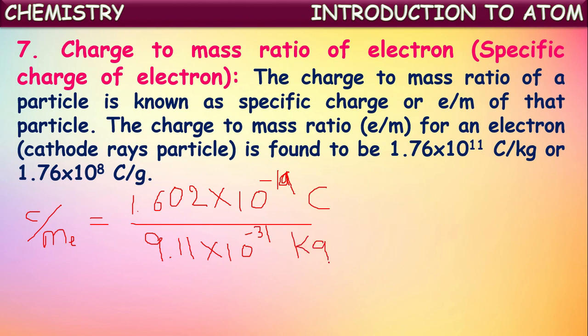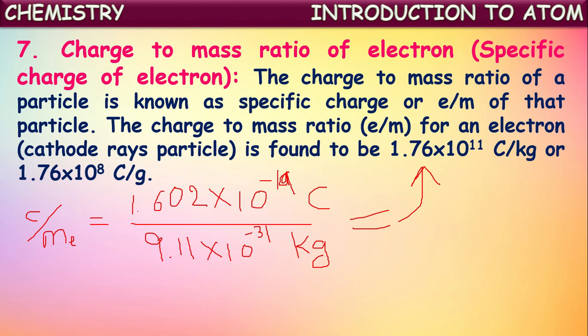This is the mass of electron. Now if we simplify these values, the charge by mass ratio of electron will be obtained, which is equal to 1.76 into 10 to the power of 11 coulombs per kg, which is also said to be 1.76 into 10 to the power of 8 coulombs per gram.